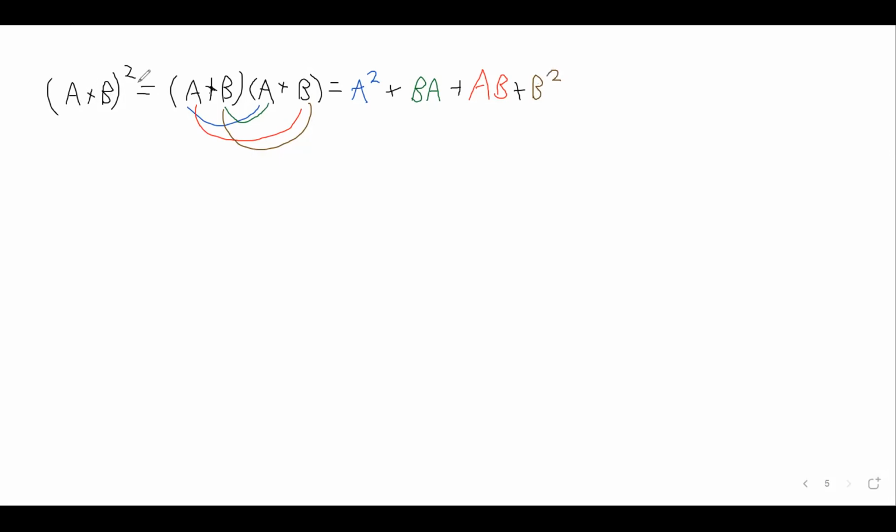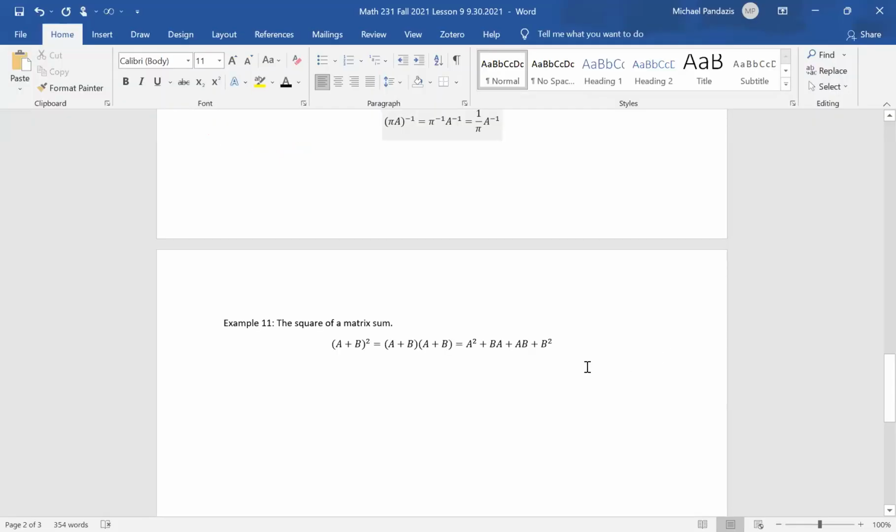So you see how FOILing out, this process is called FOILing. A plus B squared is equal to A squared plus BA plus AB plus B squared by FOIL. Okay, and so we get that.